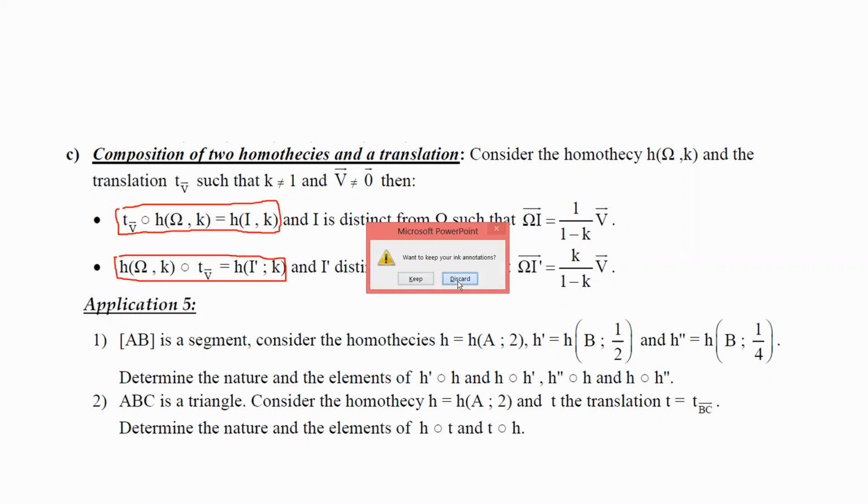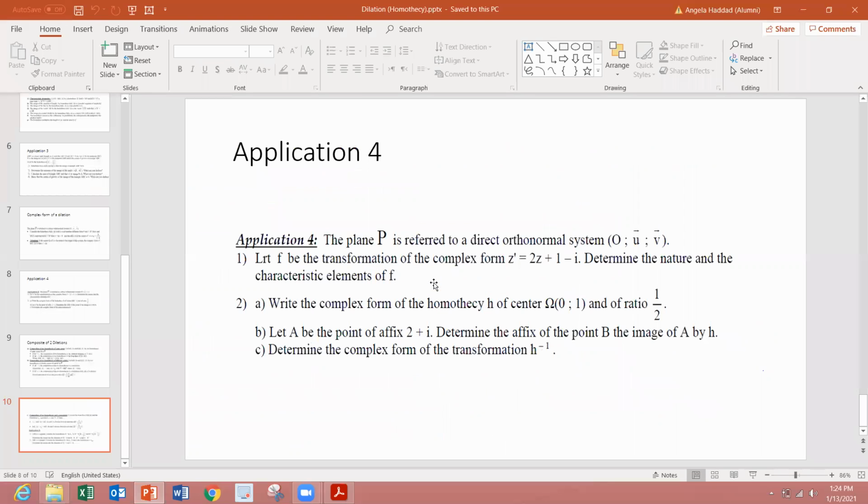What do we have in this application? Application 5.